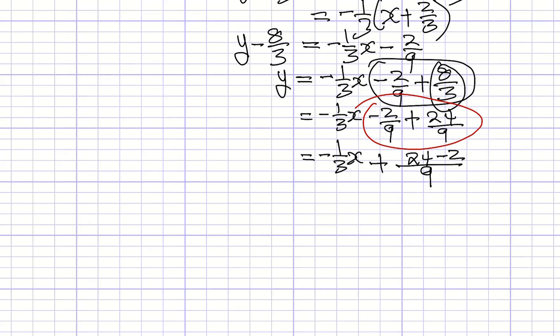We're just adding the two fractions, 2 over 9 and 24 over 9, because they have the same denominator, so that's what we have to do. That's how we simplify that. Okay, so we keep going. What do we get? Negative 1 over 3 x plus, you simplify that, you get 26 over 9. You see it? So this is y equals, see, we're done.